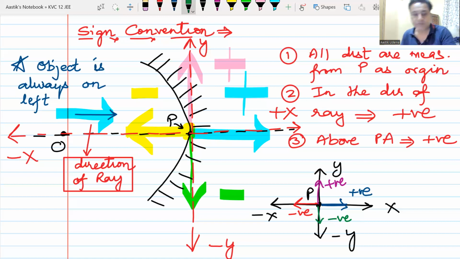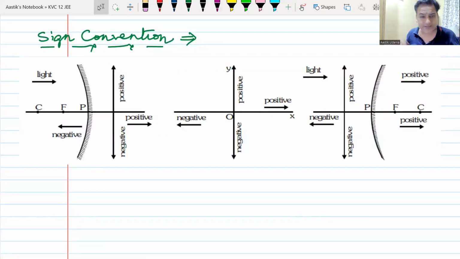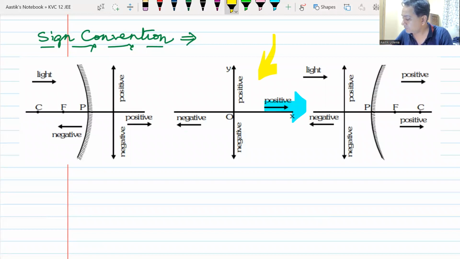Then the same thing can be illustrated in this diagram. As you can see, this was the sign convention that I drew. This side is positive, this side is negative, this side is positive, and this side is negative.